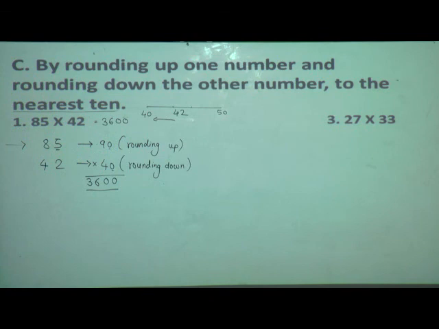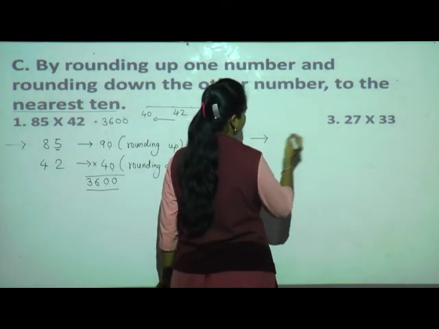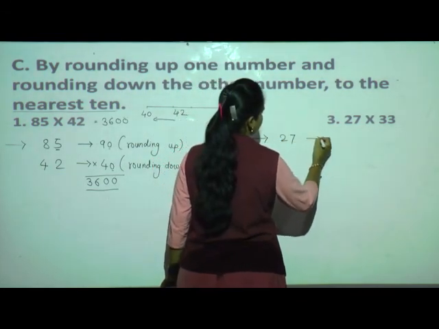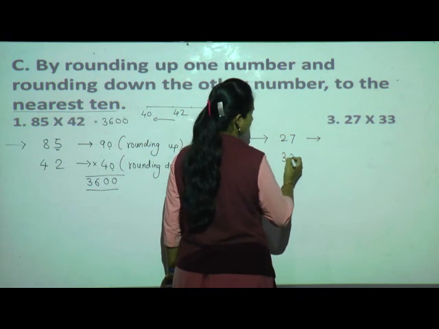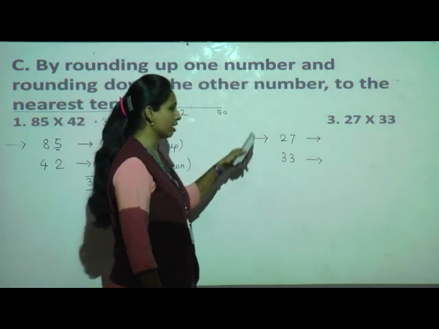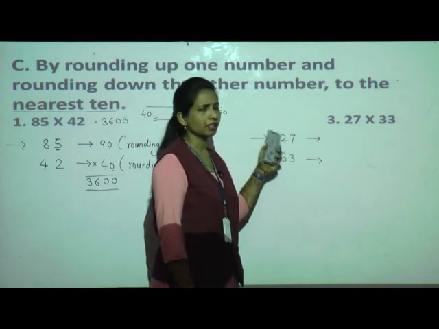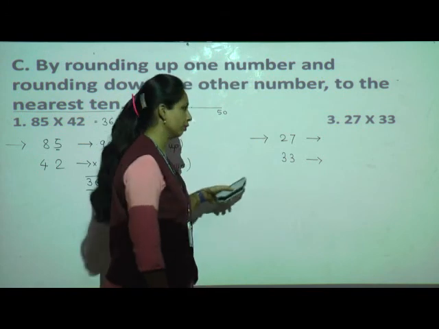Now we will solve the other example. See the third question. I'll start from here. 27 and 33. So same, we have to take one number up and one number down. It doesn't matter. You can take the first one down and the second one up. Okay.